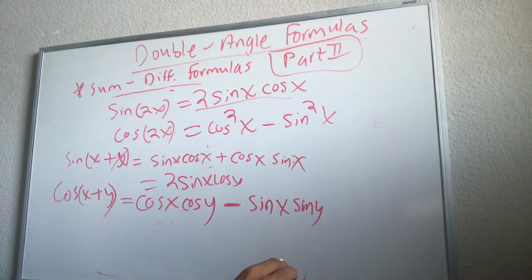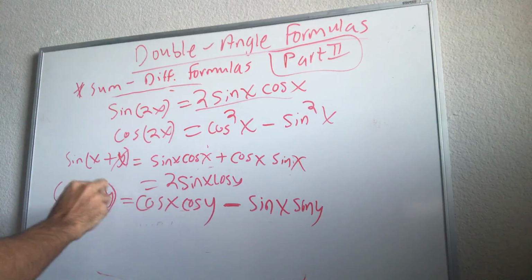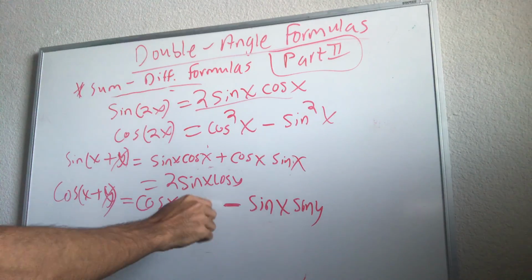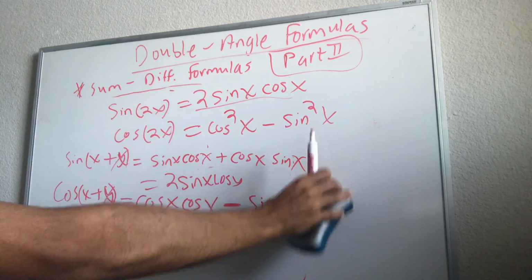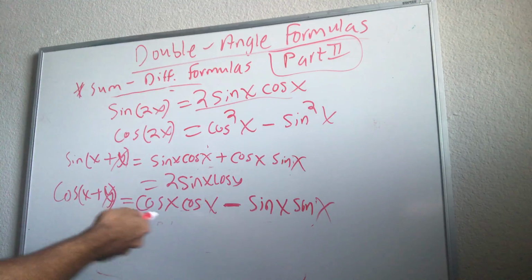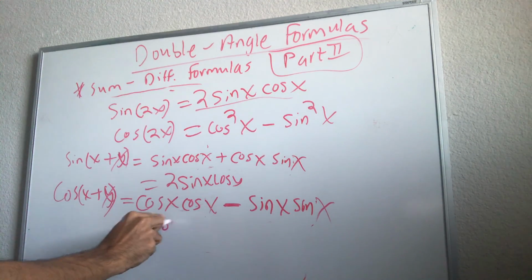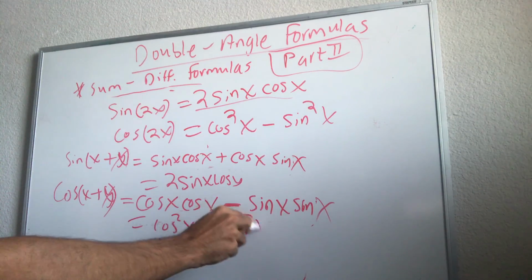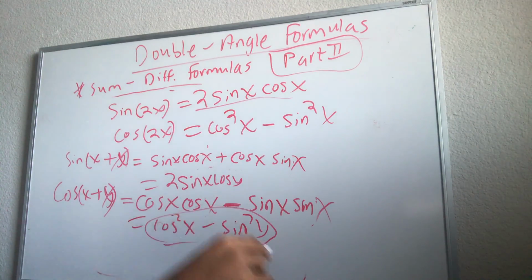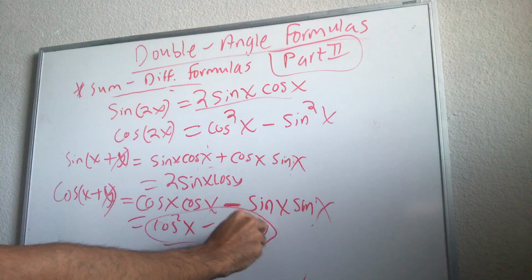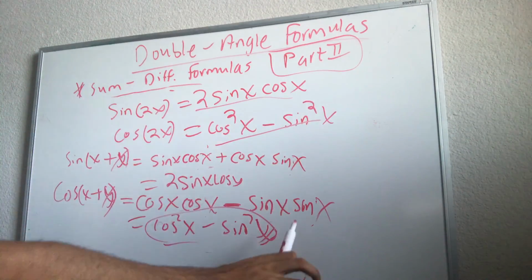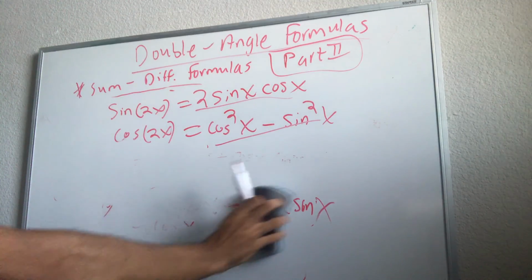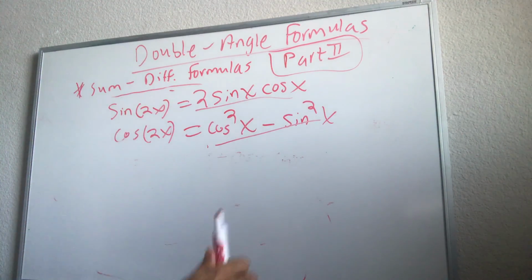And if there's no y here, if it's just x, then obviously this becomes x, and this becomes x. And so cosine x times cosine x is just cosine squared x. Sine x times sine x is just sine squared x. And so we get cosine squared x minus sine squared x, that's what we have here. So that's just how you can derive it, knowing those sum and difference formulas.